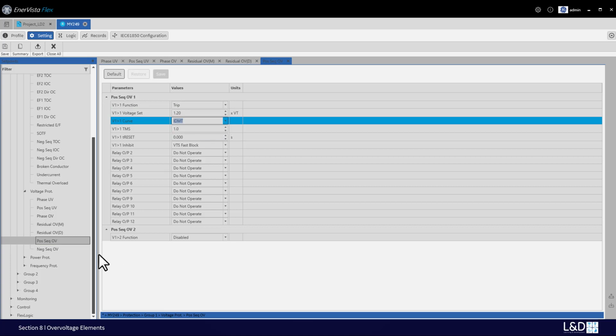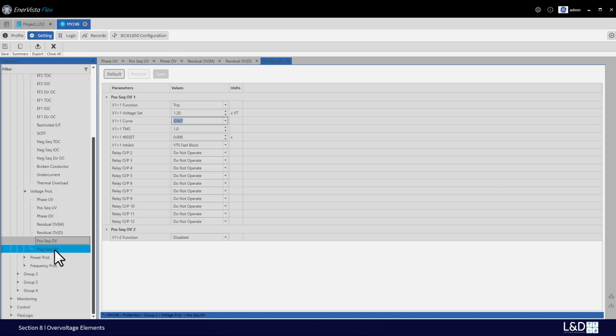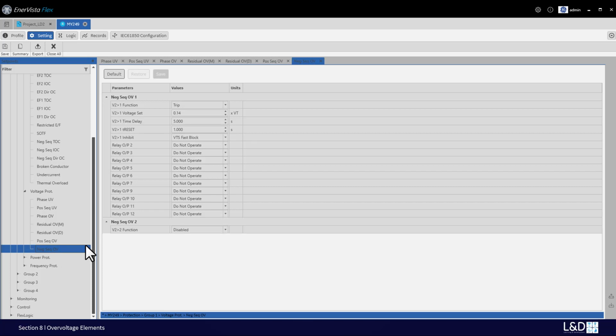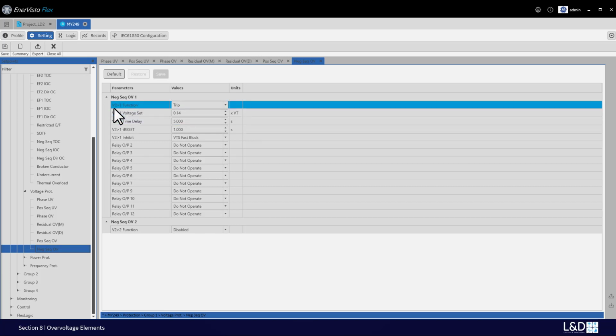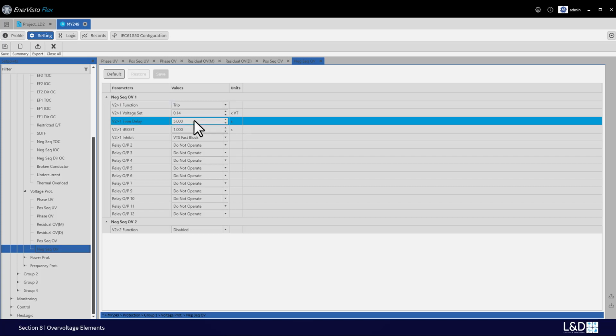And the last is the negative sequence overvoltage. This is the input coming from the calculated negative sequence voltage, and we can see this is the V2, that stands for the negative sequence voltage, and it has the setting, but for this one it has only the definite time delay. There's no IDMT.